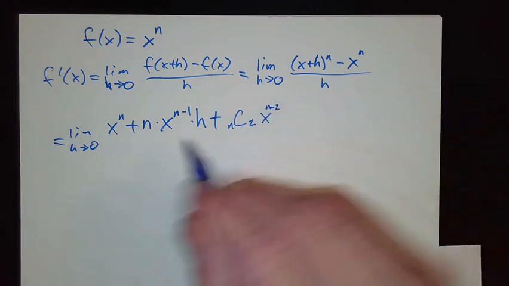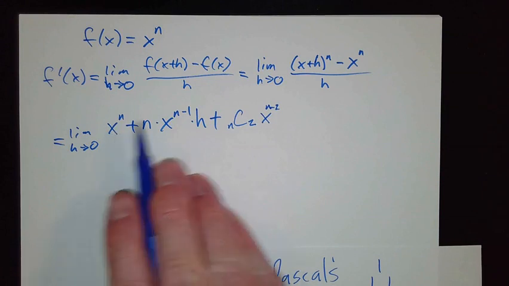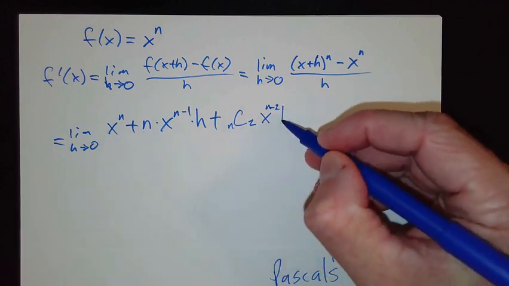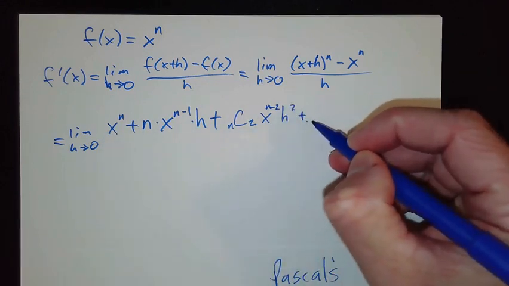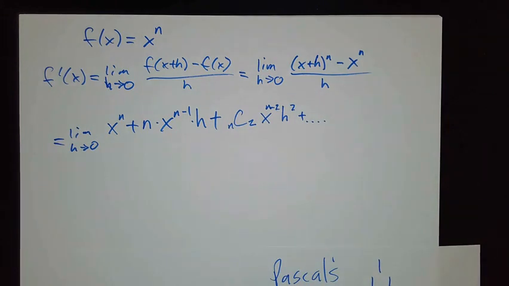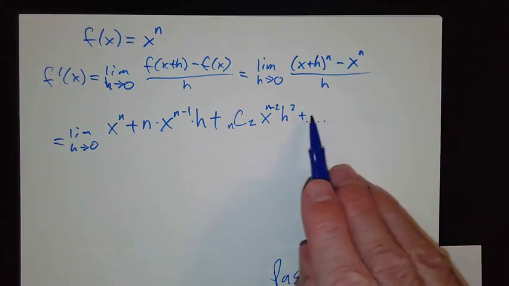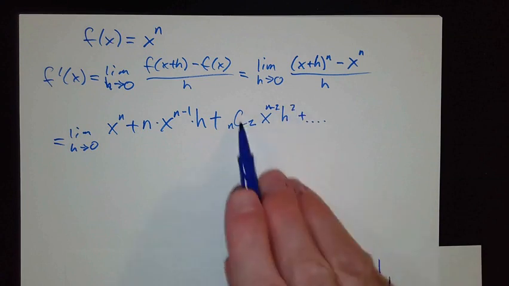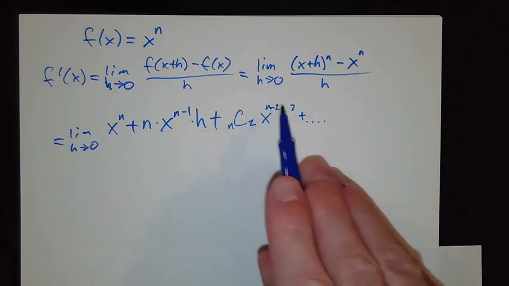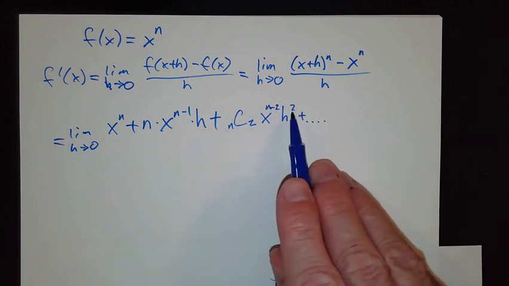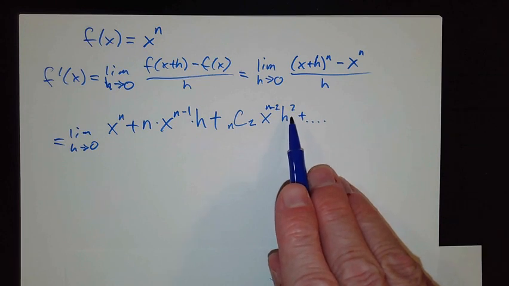And then my powers of h, I've got h to the 0, h to the 1, h to the 2. At this point, I'm going to put some ellipses and say that the rest of these terms are all going to be something like this: something times x to some power times h to some power, at least as big as 2.